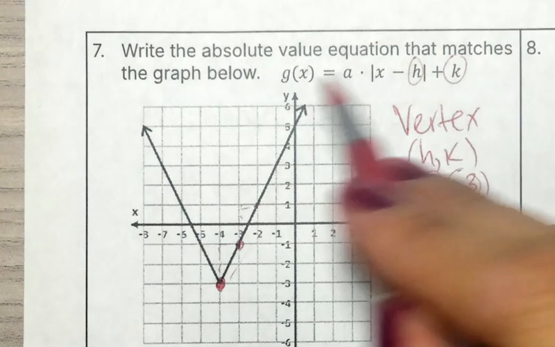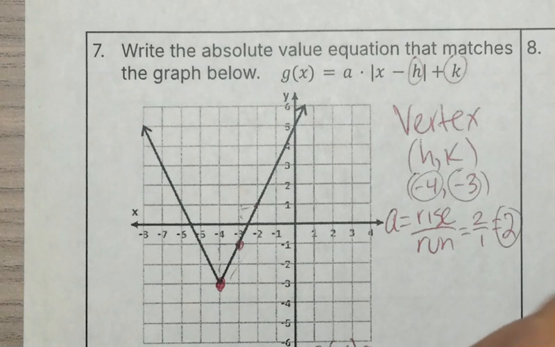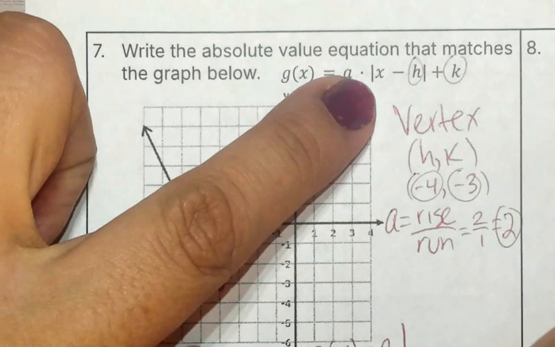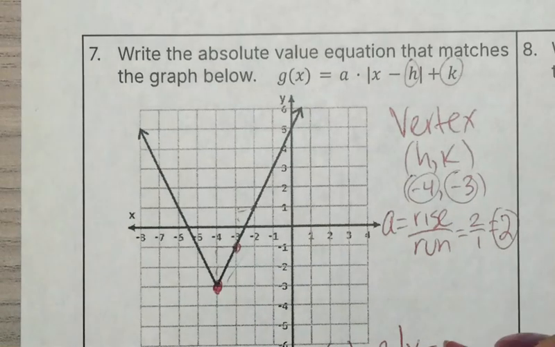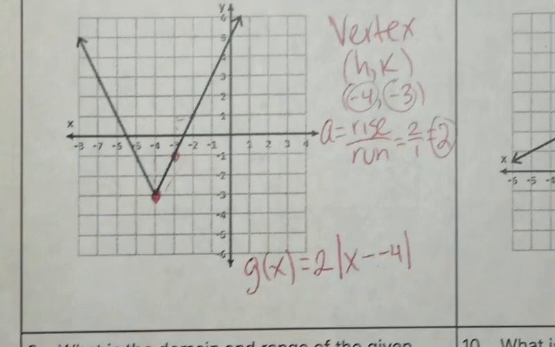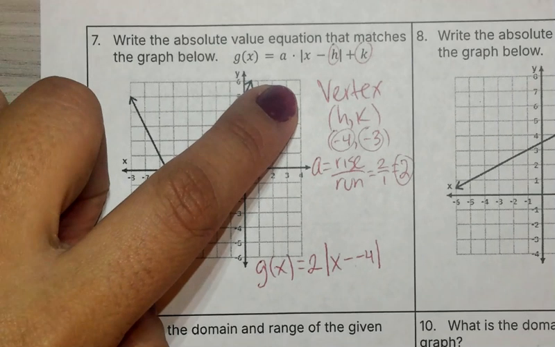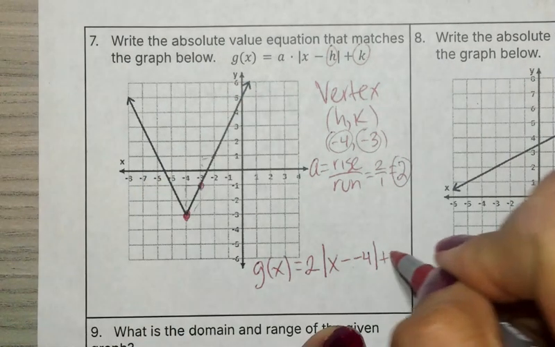So if we follow this template, we're going to write g of x equals the A value, which is 2, absolute value x minus your h, which is minus -4. Close the absolute value. And then plus k. So plus k will be plus -3.